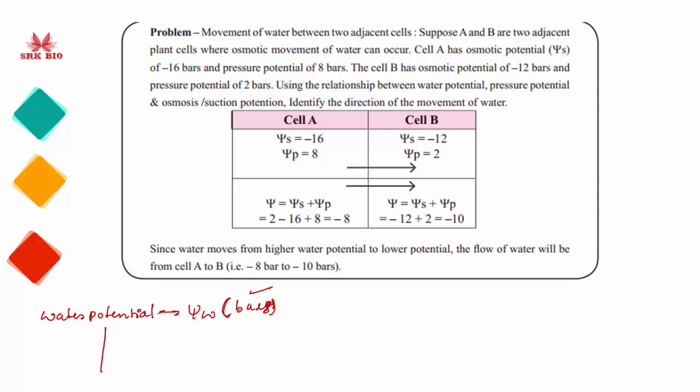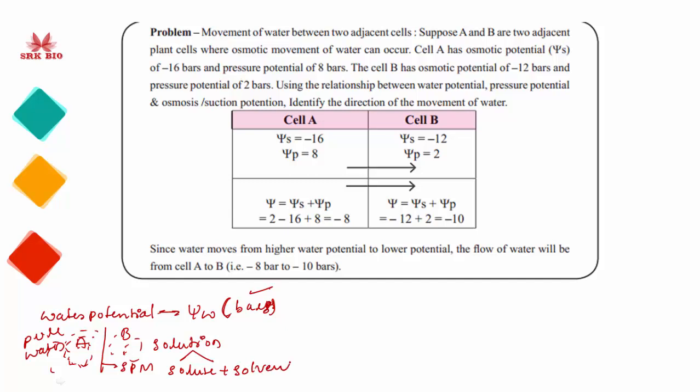Say, for example, this is a semi-permeable membrane, and on one side we have pure water, with no solute added. Let me mark this side as A and the other as B, where there is a solution. When we call it a solution, no doubt it contains solute plus solvent. Which one is the universal solvent?